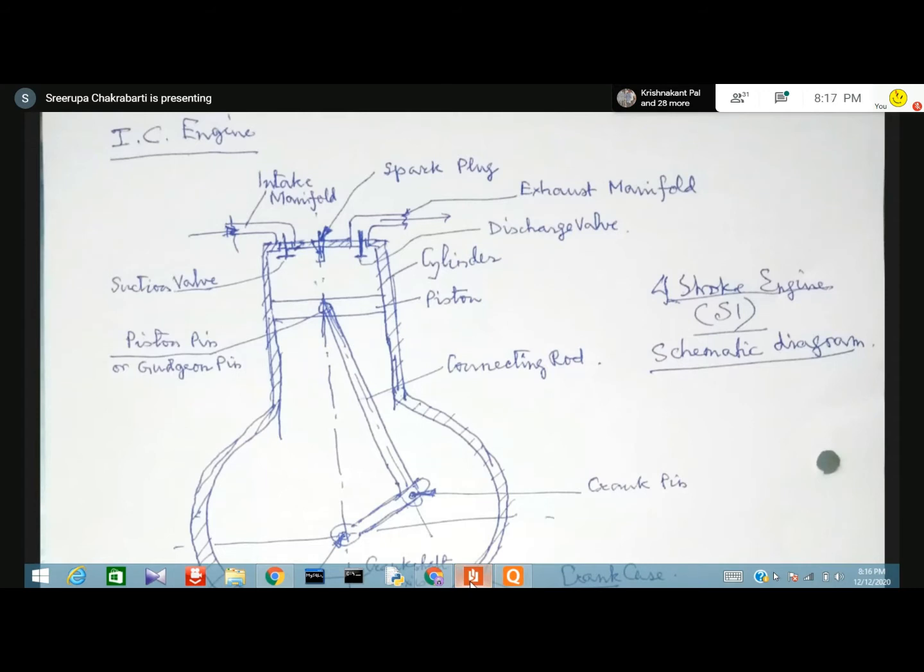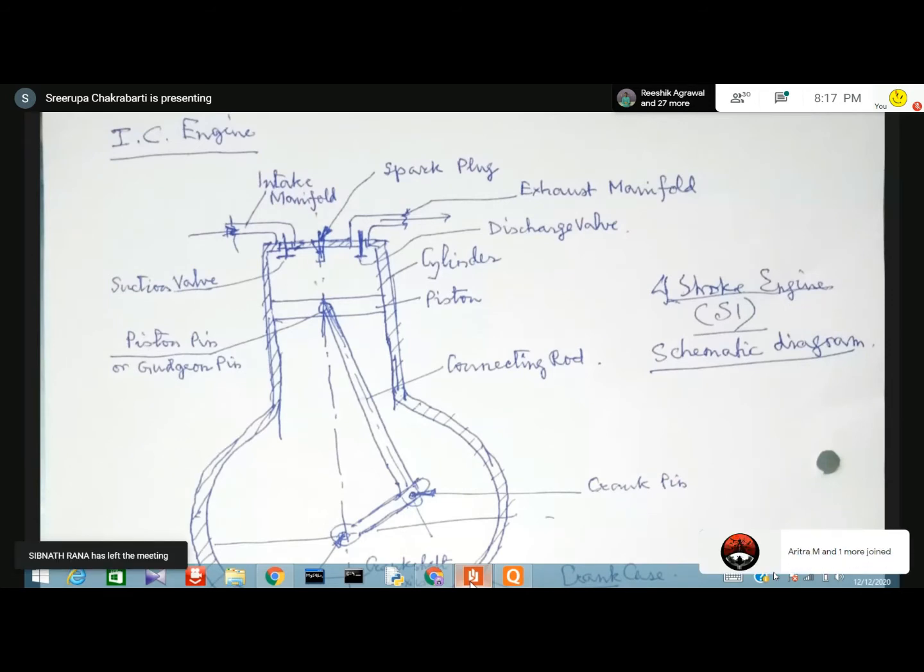Actually, ideally, I have drawn this diagram with reference to a petrol engine. You know, I told you that there are two kinds of engines, petrol engine and diesel engine. Reciprocating type. We are all discussing reciprocating. In this syllabus, we are confining ourselves to reciprocating engines.